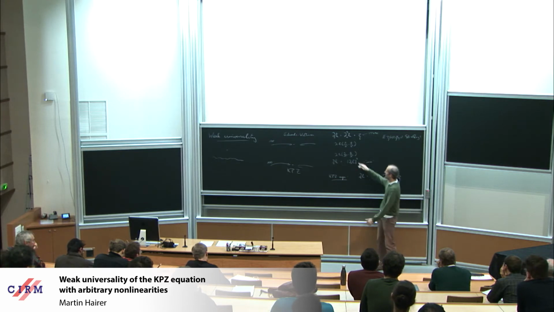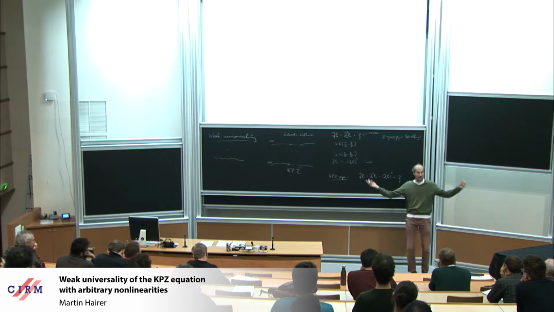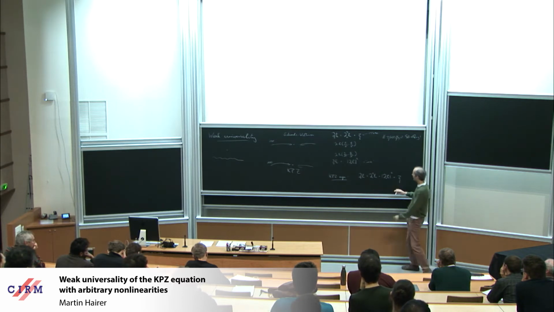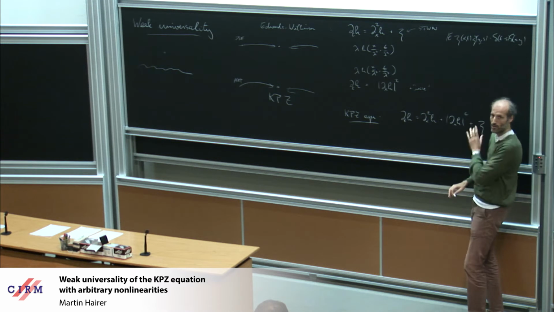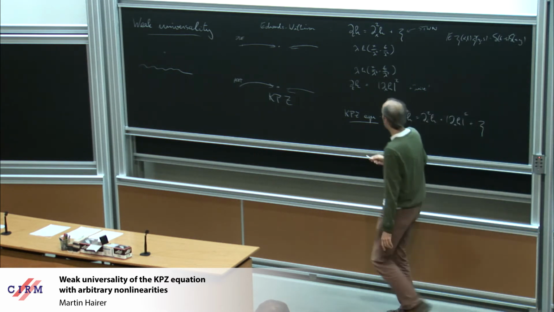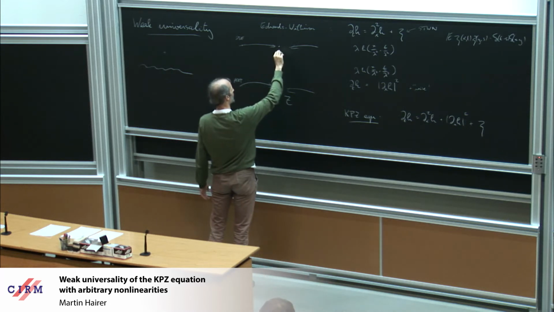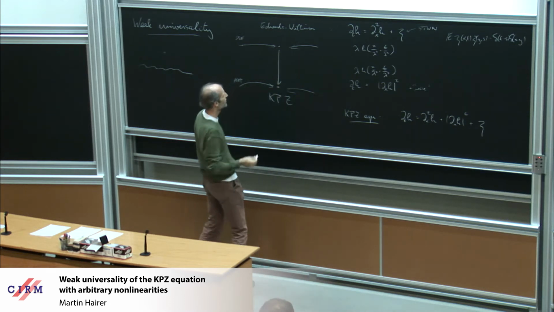Whereas if you rescale this equation with this KPZ scaling and you zoom out, okay, then formally what you see is that these two terms disappear and only this term here survives. Okay? And so the KPZ equation, if you want, is a line that sort of connects these two.